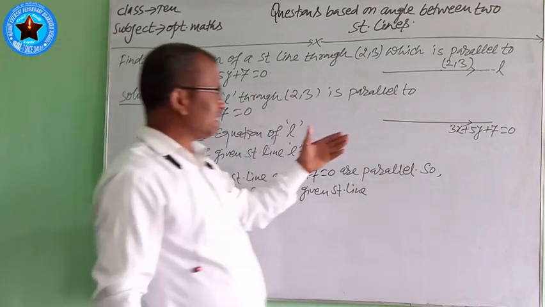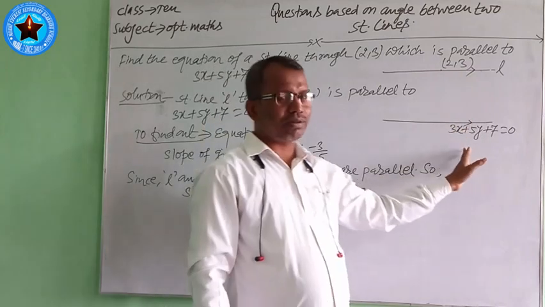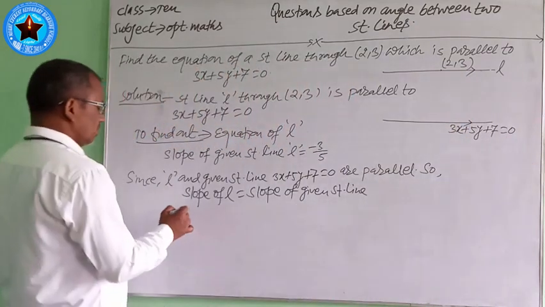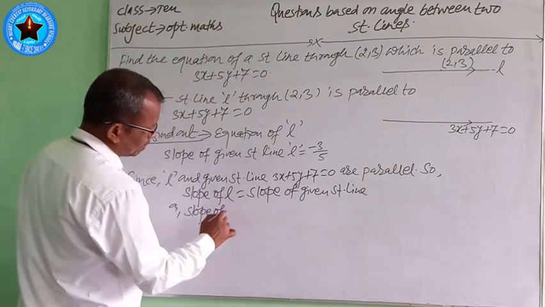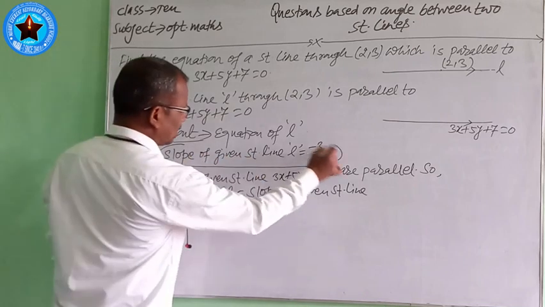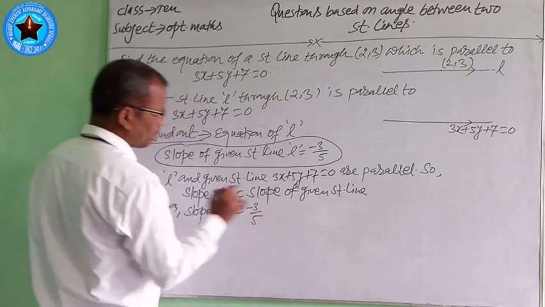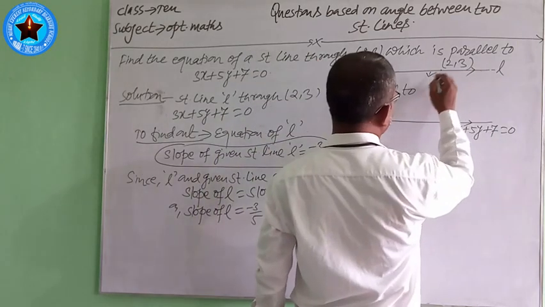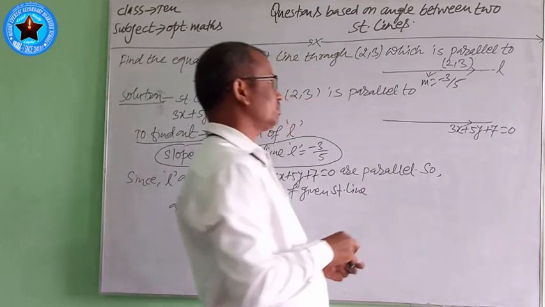It means the slope of L should be equal to the slope of 3x plus 5y plus 7 equals 0. Here we have derived it, minus 3 by 5. So the slope of this straight line L is minus 3 by 5.